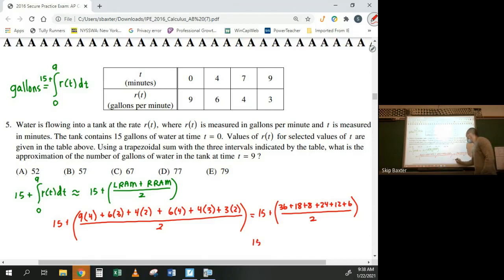So this would be 15 plus 18 plus 9 plus 4 plus 12 plus 6 plus 3. And then add them up. So this is 33, 42, 46, 58, 64, 67. Perfect. Does that make sense?